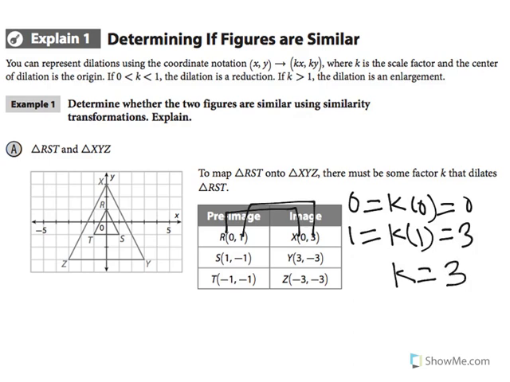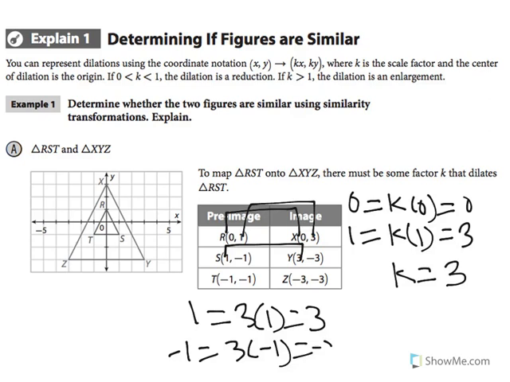To test if it works, we can check with this 3. So 1 goes to 3 times 1, which gives us 3, and negative 1 goes to 3 times negative 1, equal to negative 3, which gives us these two points.